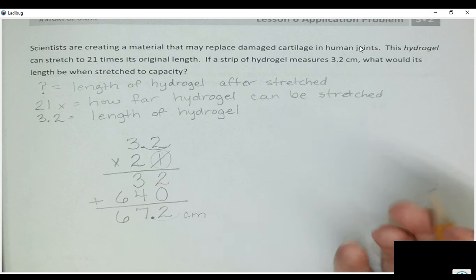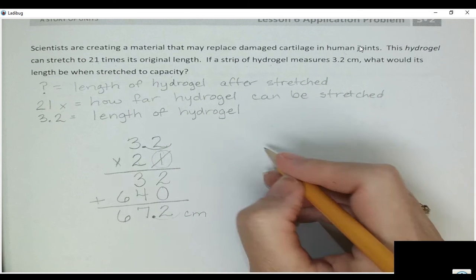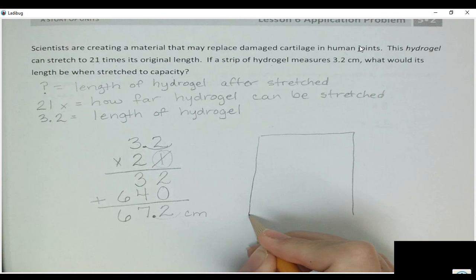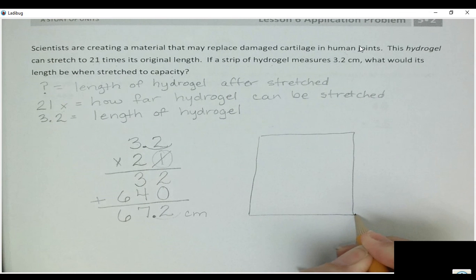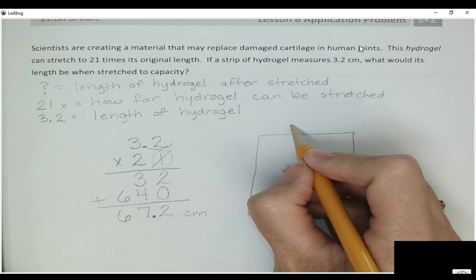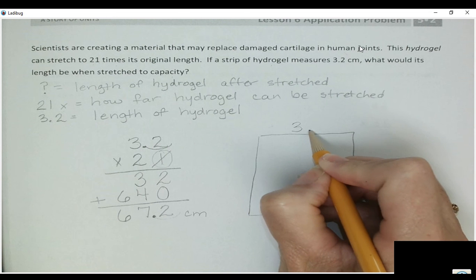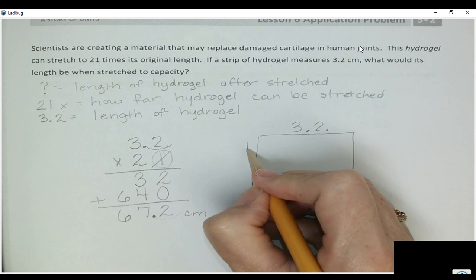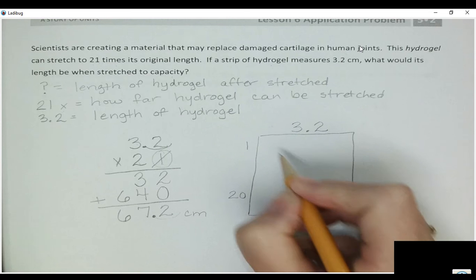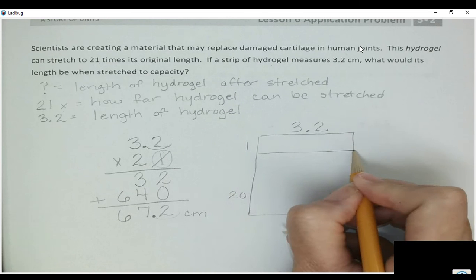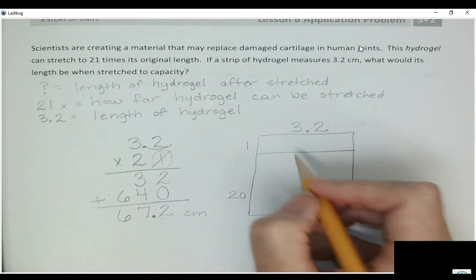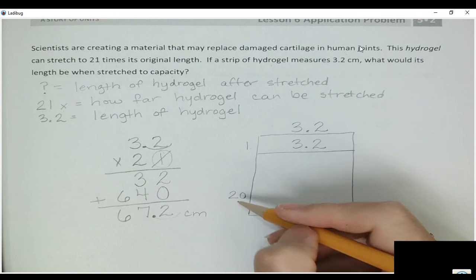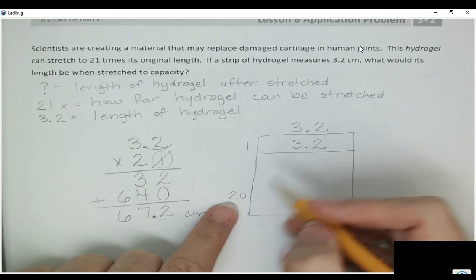You could also have solved that with your area model. We could put 3 2/10 on the top and then decompose 21. 1 times 3 2/10 is 3 2/10. 20 times 3 2/10.